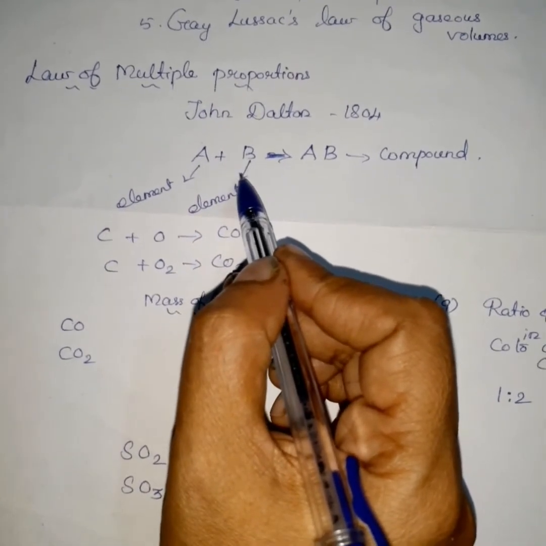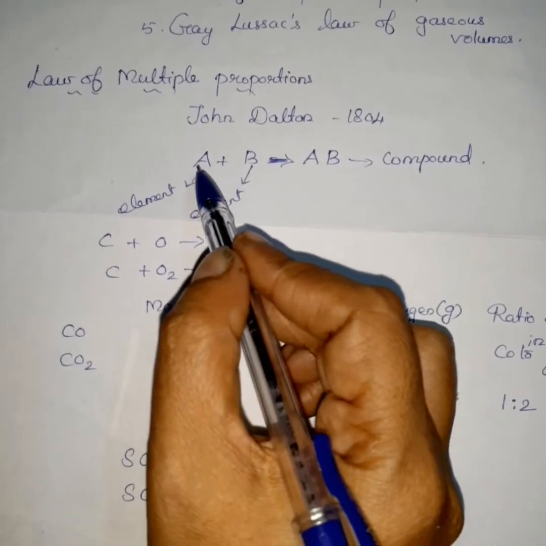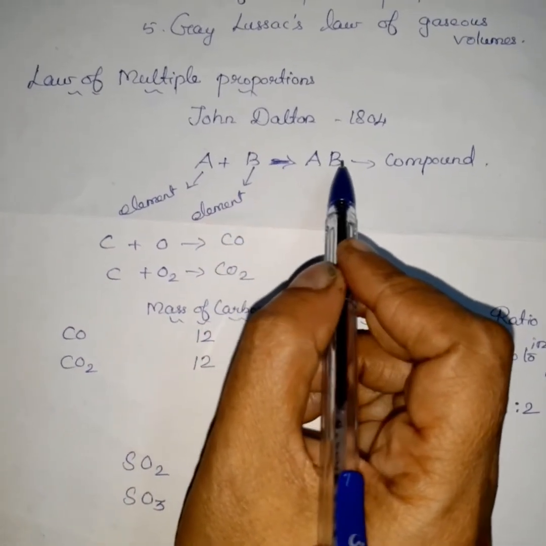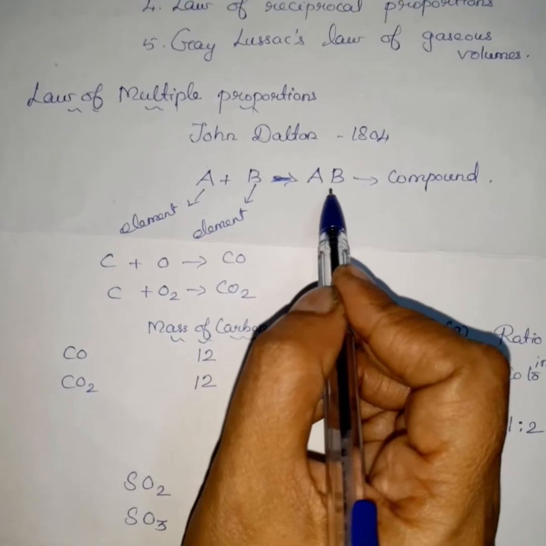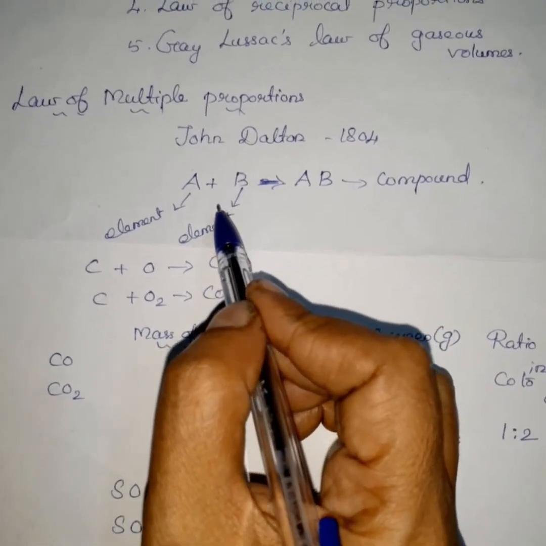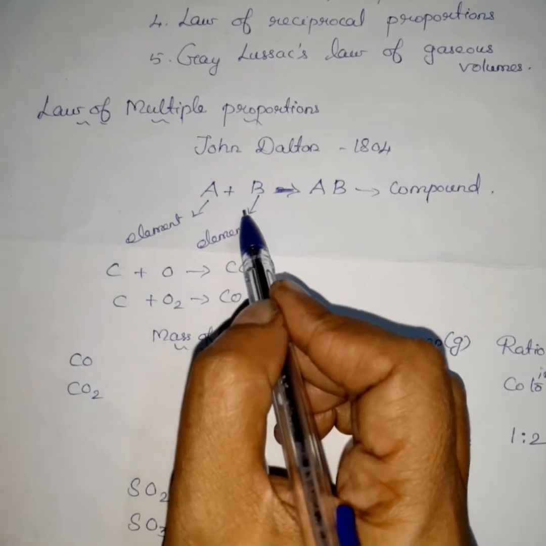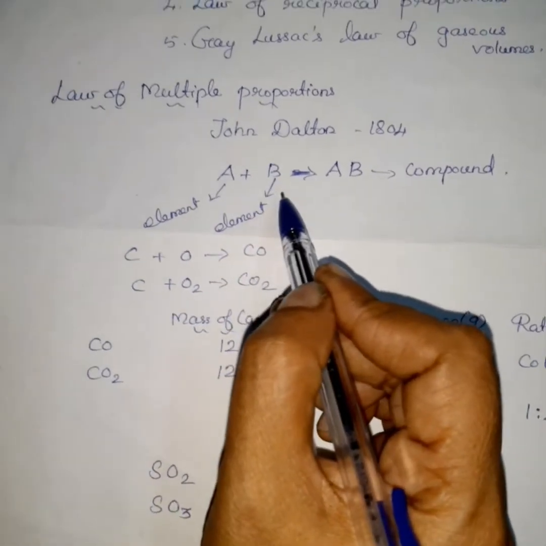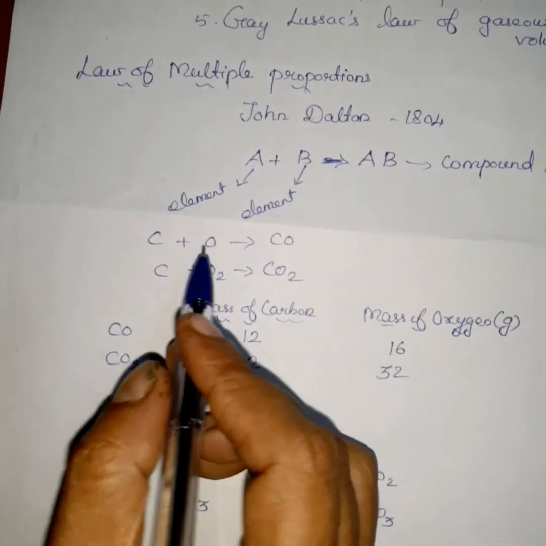Once again, when two elements A and B combine together to form more than one compound, the mass of A which separately combines with the fixed mass of B. Do you understand? A mass is different and B mass is fixed.